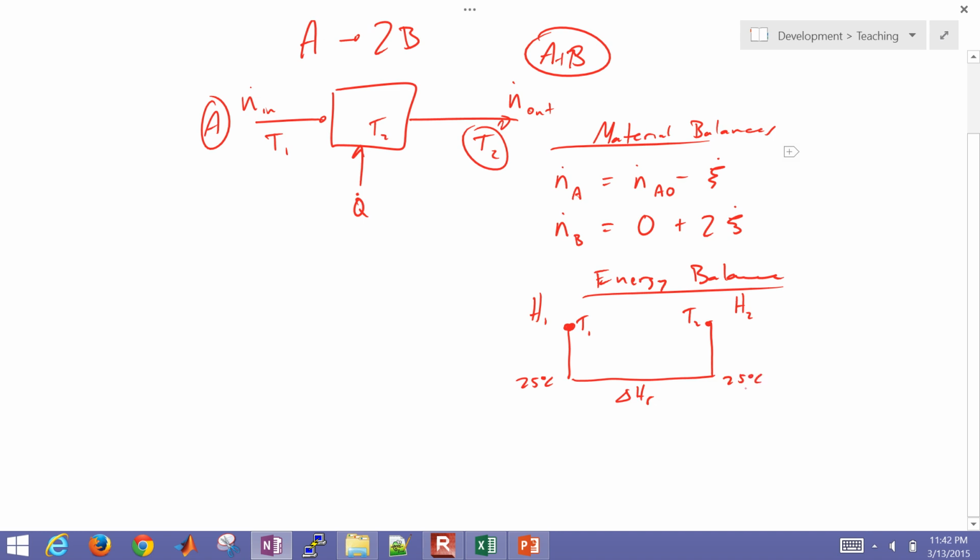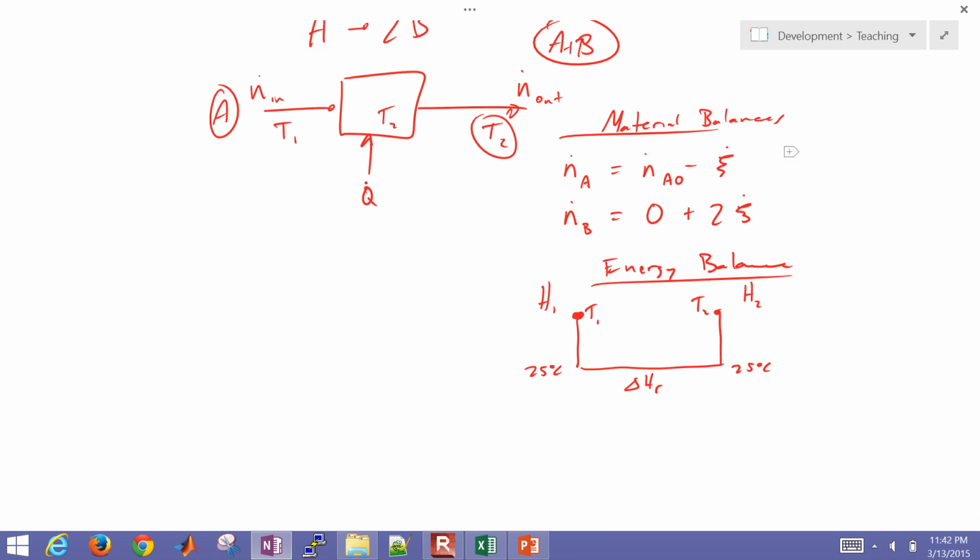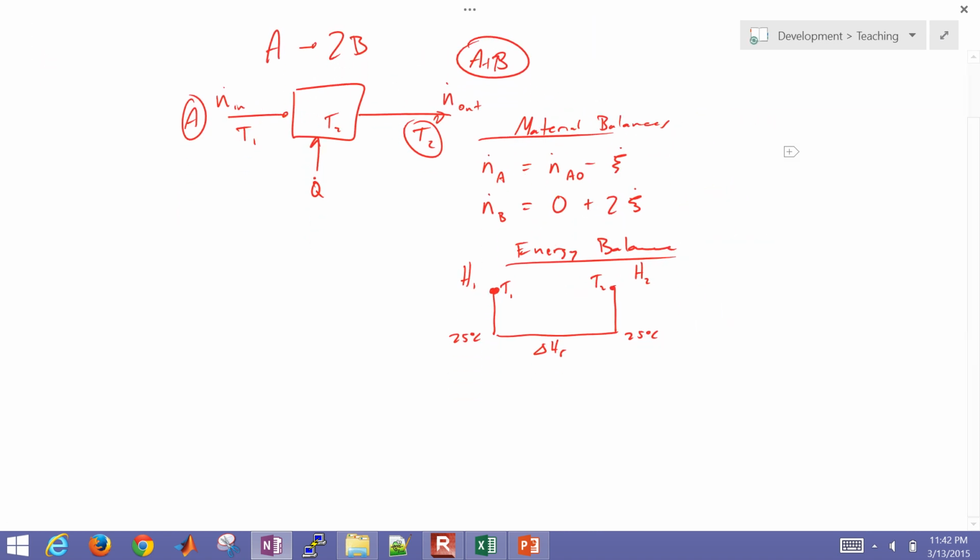Okay, so we want to do the path method for this. If we use the path method, then we have delta H dot is going to be equal to NA naught, and then we have to cool that down from T1 to 25 degrees Celsius, and we use the heat capacity of A times delta T, and then we're also going to use extent of reaction, okay, times the delta H of reaction.